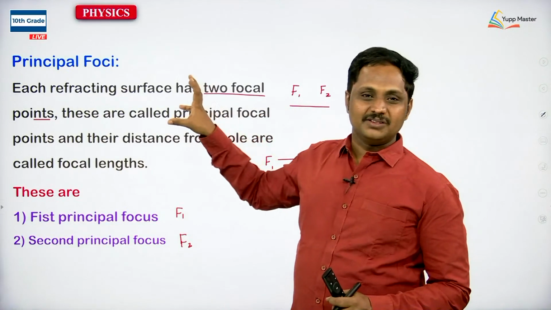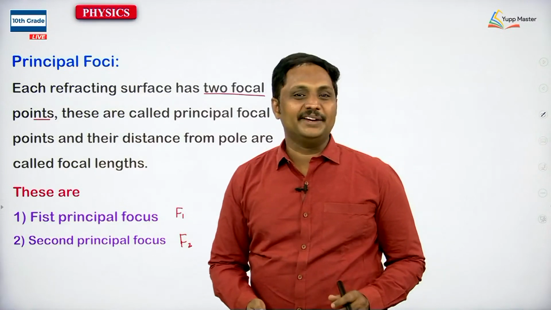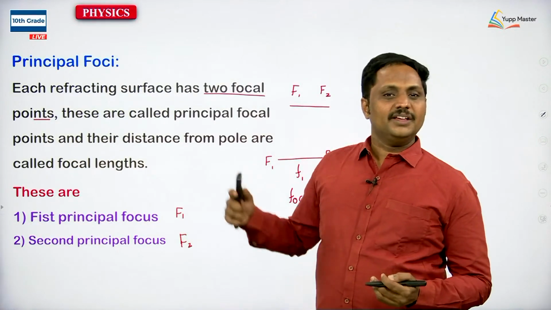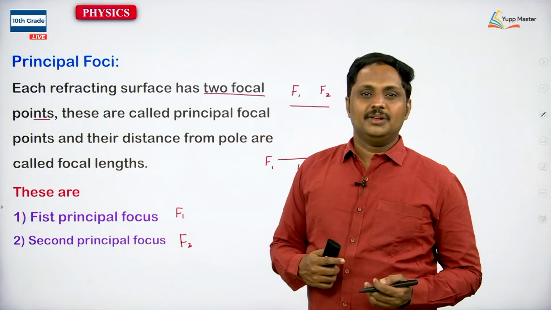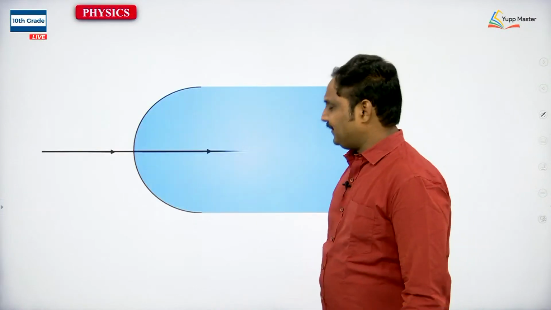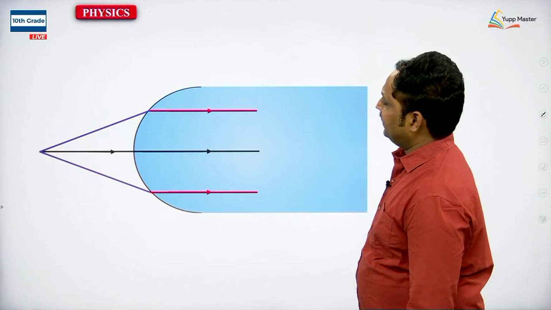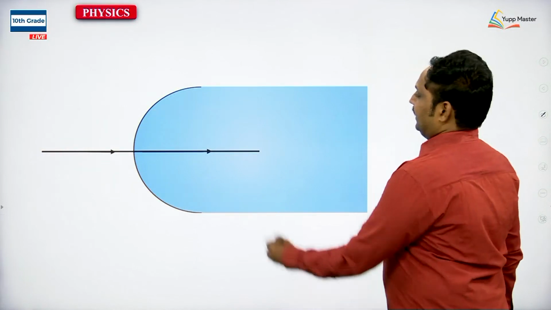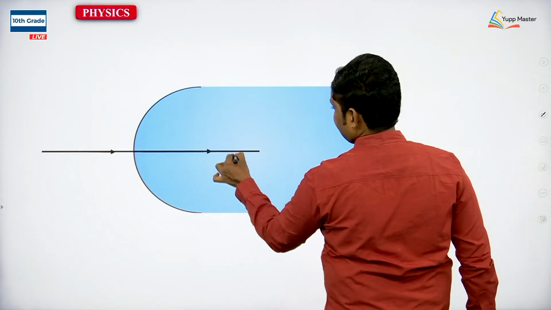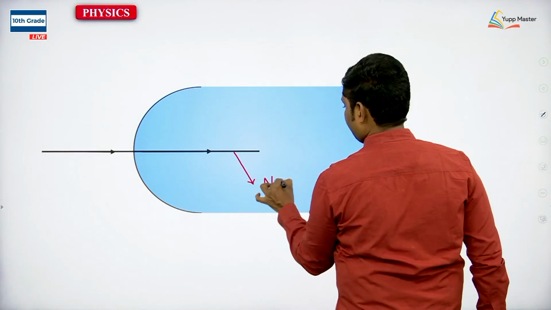This is very important to identify in the case of the convex refracting surface, the concave refracting surface and lenses also. Please have a look at the first one, the light ray which has been incident, there is no refraction.